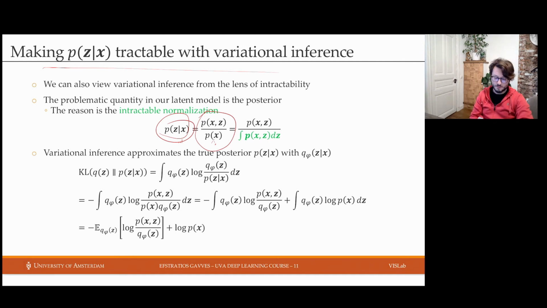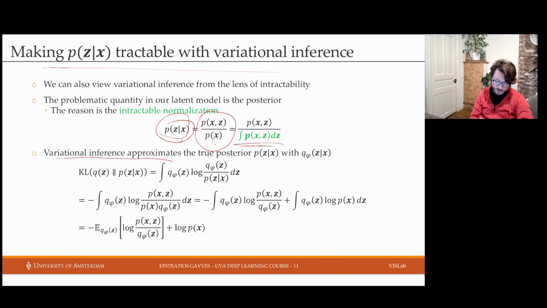This is the marginal likelihood of x after we integrate over all possible z's, and this integral is a nasty one, we cannot compute it easily.